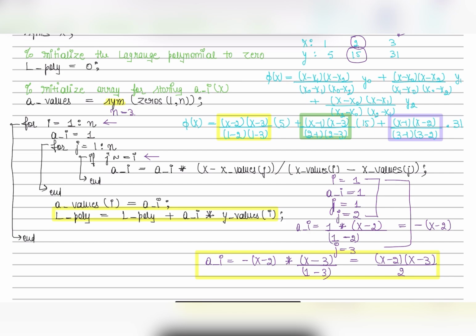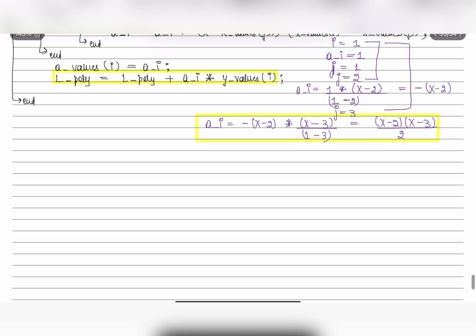Till now we have known the value of the Lagrangian polynomial, but this calculated value will be an unsimplified version in terms of x, and to find out the simplified version we have to use the statement L_poly is equals to simplify this polynomial.